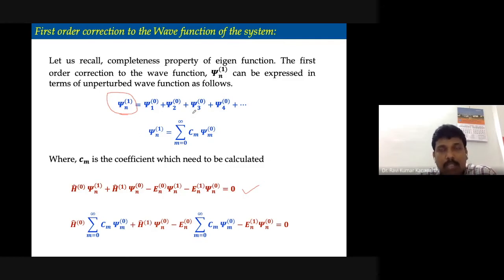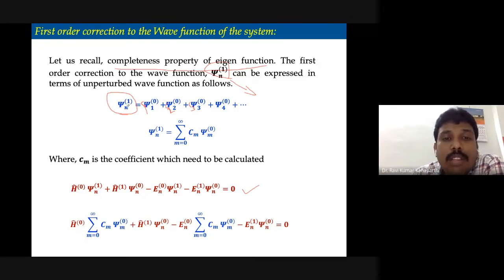Please remember the completeness property of the eigenfunctions. Before perturbation, the complete solutions of the system are known, and the eigenfunctions form a complete set. So the first order correction to the wave function, as an arbitrary function, can be expressed in terms of the known unperturbed wave functions.